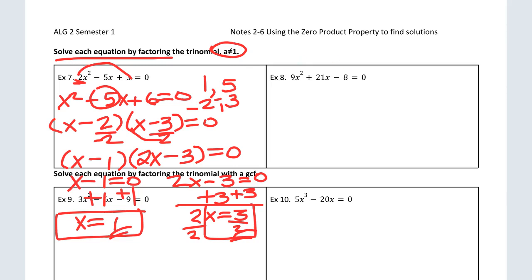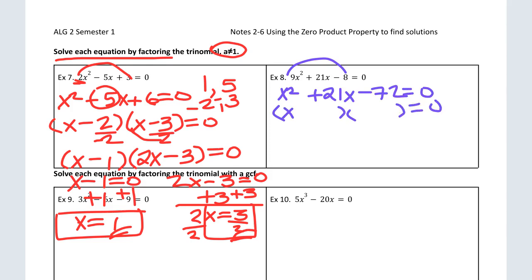For example 8, we're going to multiply 9 times -8. X squared plus 21x minus 72 equals 0. Factor. This one was a little bit tricky, but the correct factor pair is 24 and -3. Being that a was 9, we want to bring it back as a denominator. Without it, originally we're seeing that a is 1, which is not.